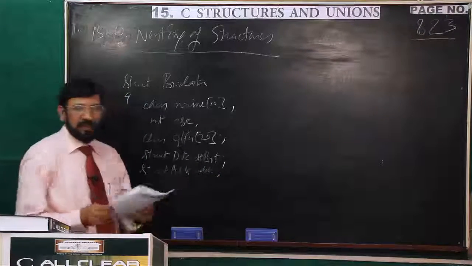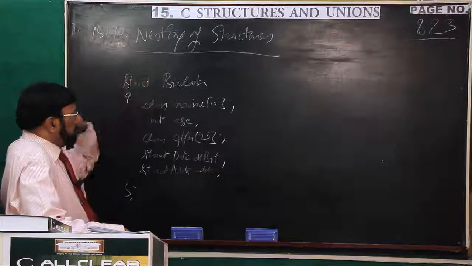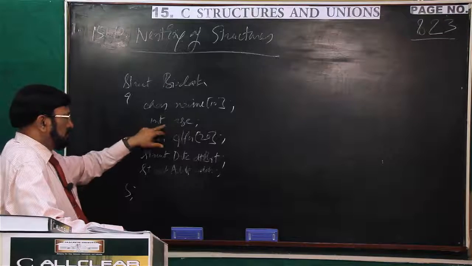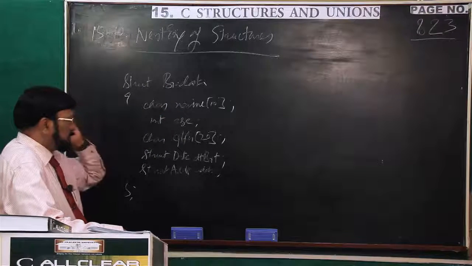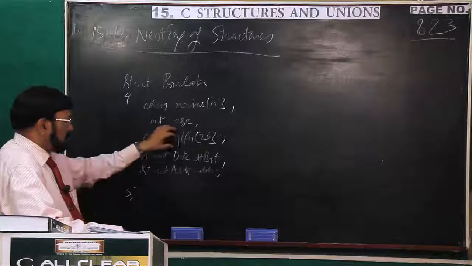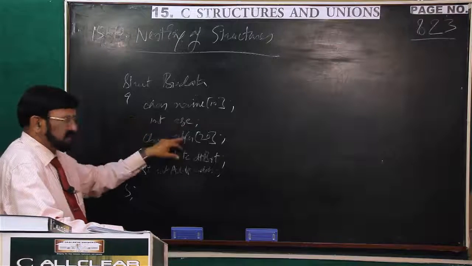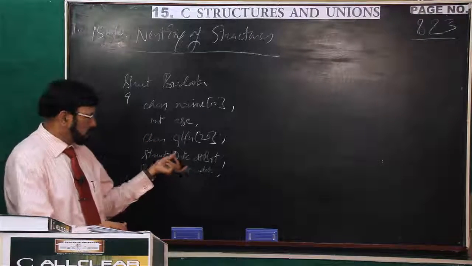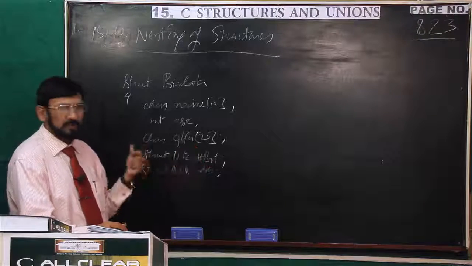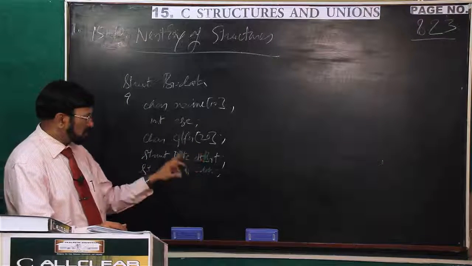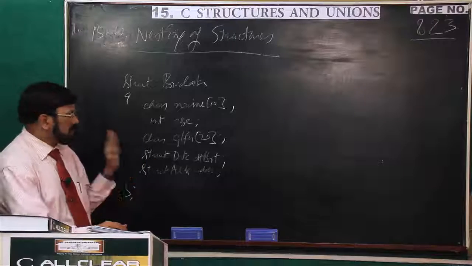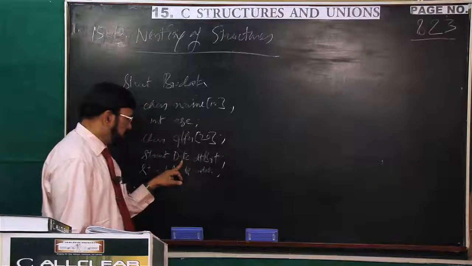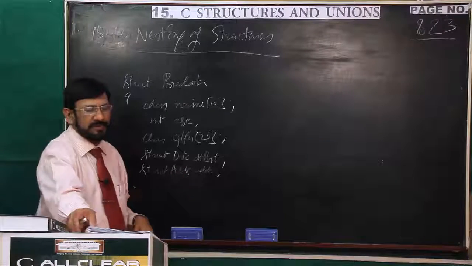If you see this biodata, one string we have defined, one integer type variable we declared, and one another string we have declared. Apart from that, we have declared two structure type variables. Where are those structures? One is the date structure, the other one is the address structure.